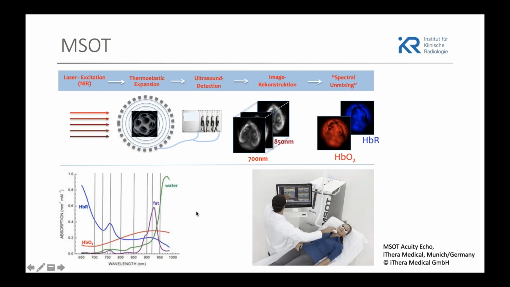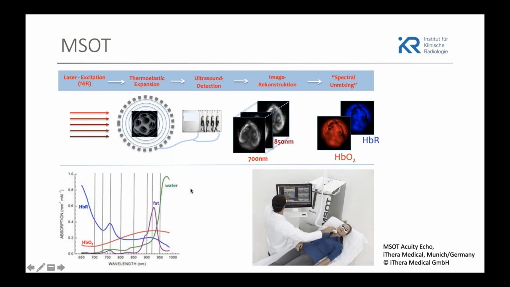Most of the work I will present today from our group was done with the MSOT Acuity Echo, which is, for the clinicians among you, a hybrid MSOT ultrasound engine with a handheld probe very similar to what you know from ultrasound imaging. You can use it at the patient's bedside, and you have a real-time live image of your optoacoustic signal and your ultrasound signal, and you can use an overlay mode as well.